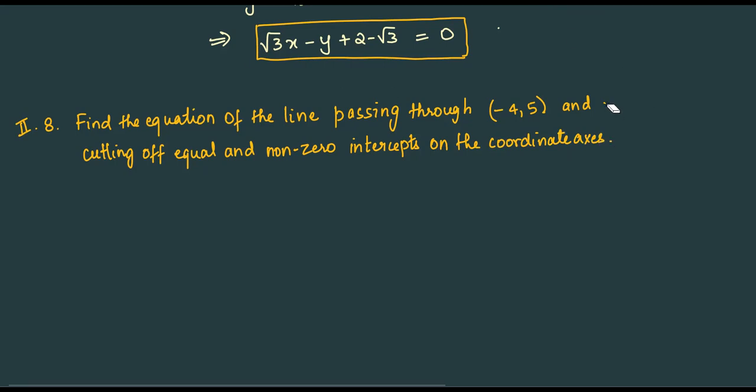Equal and non-zero, that means it doesn't pass through origin.